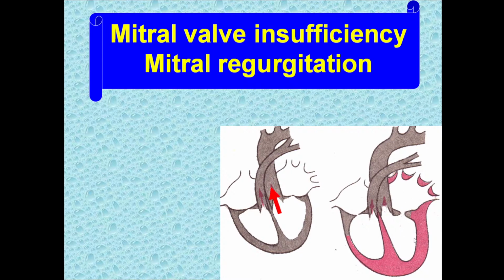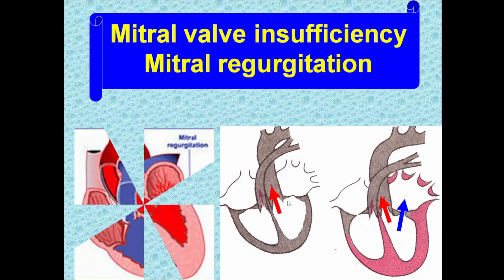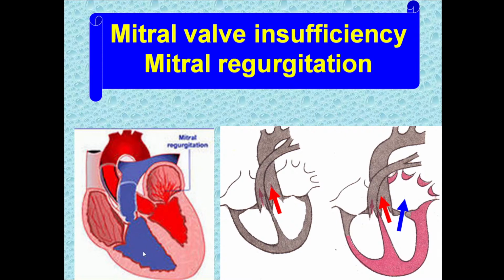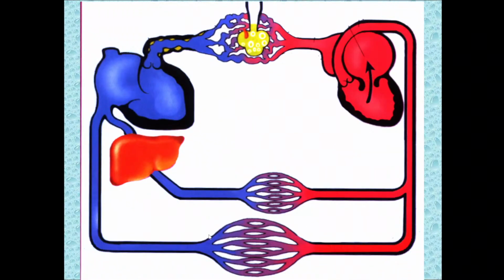We are talking about pathological hemodynamics, pathological blood regurgitation. Normally, during the diastolic period, the vessel orifices are closed and the atrioventricular orifice is open. This picture also demonstrates normal and pathological blood regurgitation. What will happen with hemodynamics?